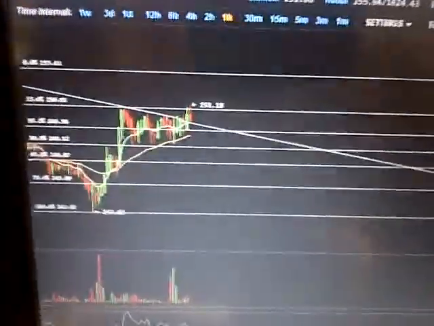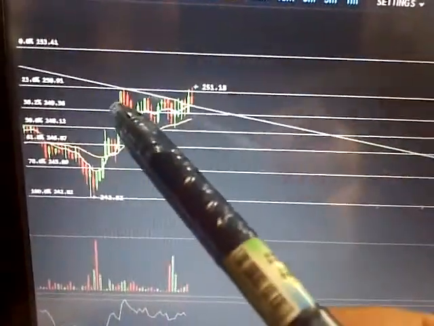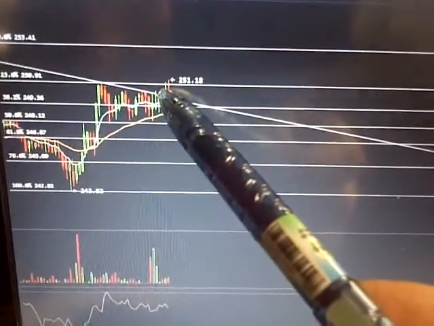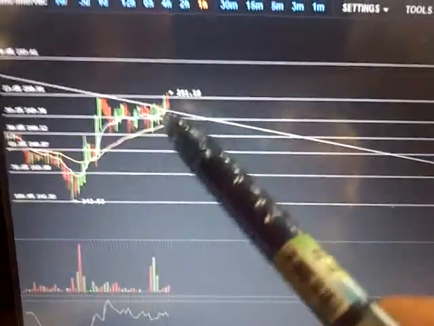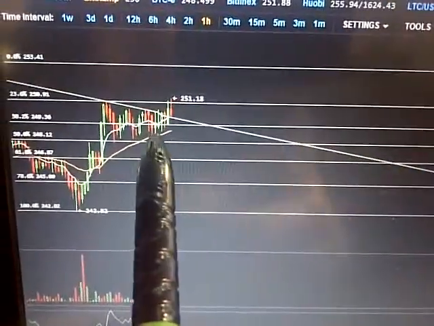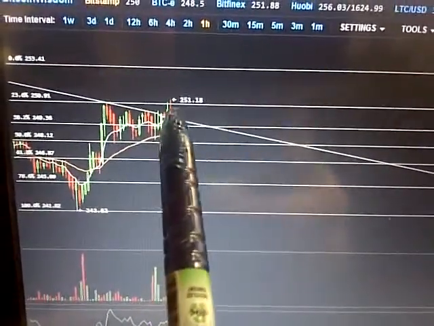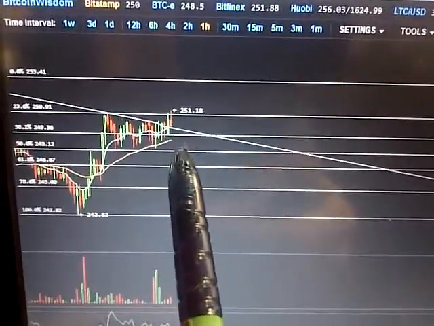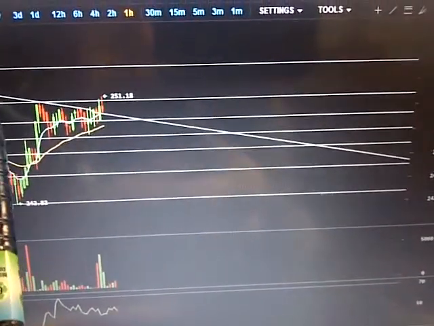So I took out a few of the lines. So last we saw it was coming like this, and I kind of left it at that, and it's on an hourly. It did kind of break through, but it didn't break through these 2 points here where we're at the 50 and 23% range.